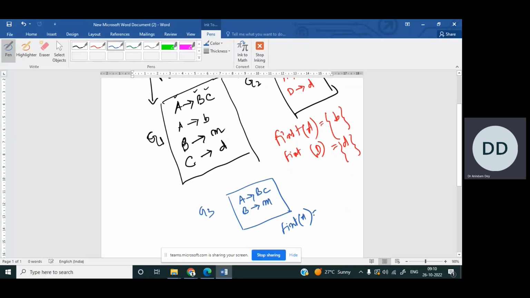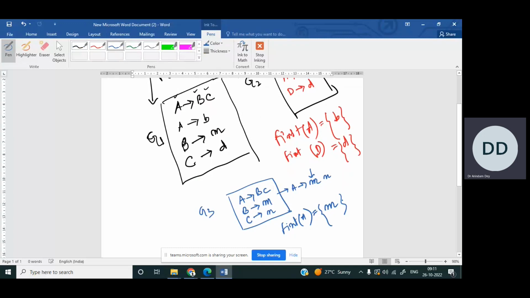The first terminal, from capital B and capital C. Let C generate small n. If I expand A to BC, B can be replaced by small m and C by small n, correct? So A can generate small mn. What is the first terminal? That is small m. So first of A will contain this small m.